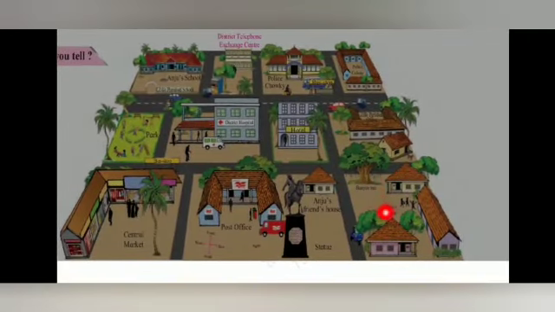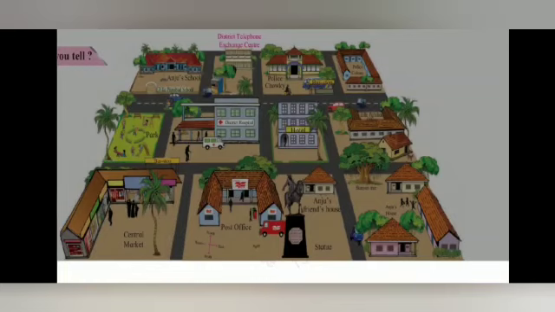Here is Anju's house, and on the other side, there is Anju's school. Think for a while and tell me what route will Anju take to go to her school? Yes, Anju passes along a narrow lane and a main road on her way to school.